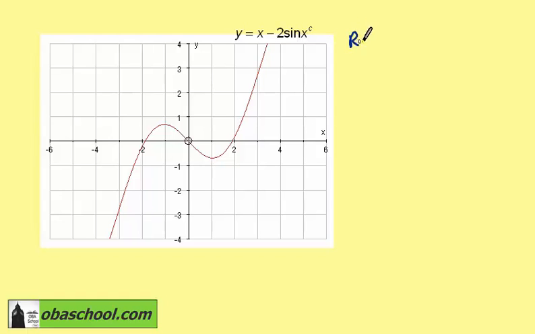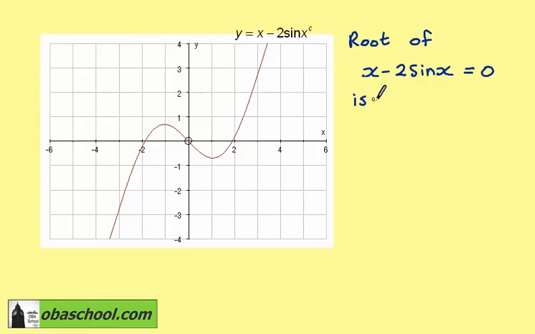In this example, we're going to look at why a change of sign implies a root. Let's first consider what we mean by a root of an equation such as x minus 2 sine x equals 0.